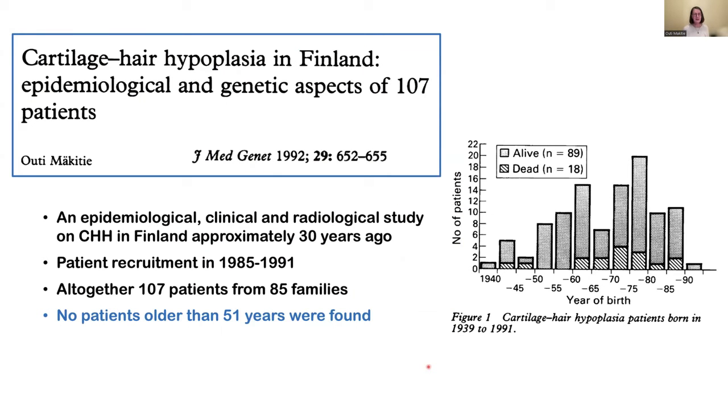So this is one of the publications. We had 107 patients, and here you can see the age distribution or year of birth for these patients recruited at that time. And already then we were wondering how come we did not identify any patients above the age of 51 years.